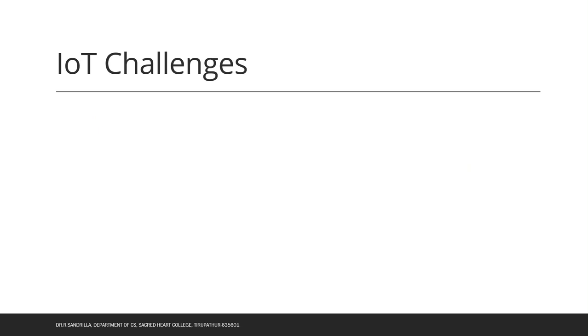Next we have IoT challenges. As of now, we have seen the services that can be acquired through the Internet of Things, but there are also some challenges when developing IoT devices. Inside a laboratory, network connectivity is not a major issue with only a few devices backed by a server; connectivity has very low latency and is seamless.